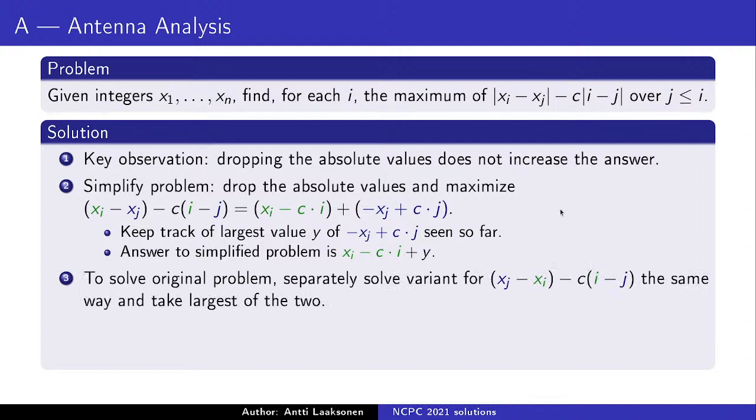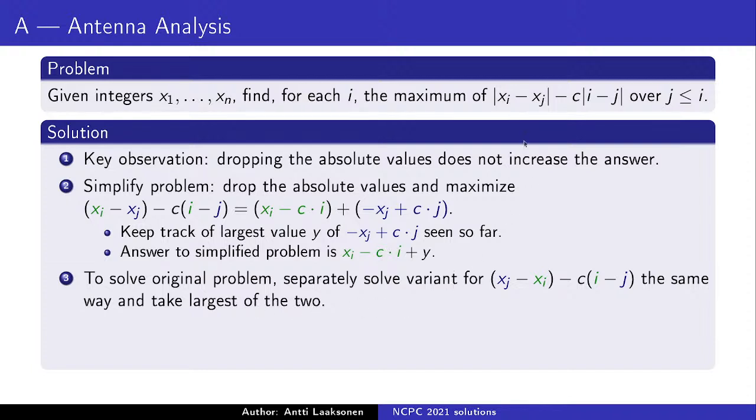Then this was not exactly the problem we wanted to solve, and in order to solve the original problem, we do the same thing again, but for the variant where instead of looking at xi minus xj, we look at xj minus xi. And we take the largest of the two.